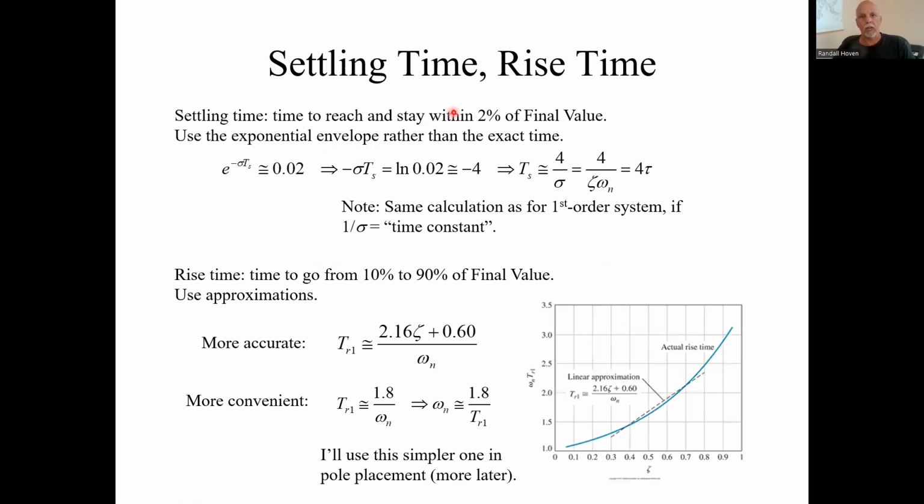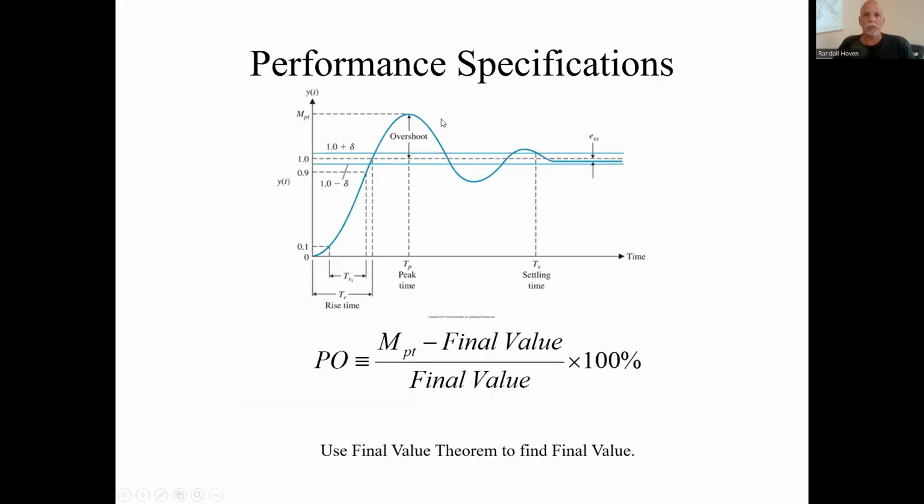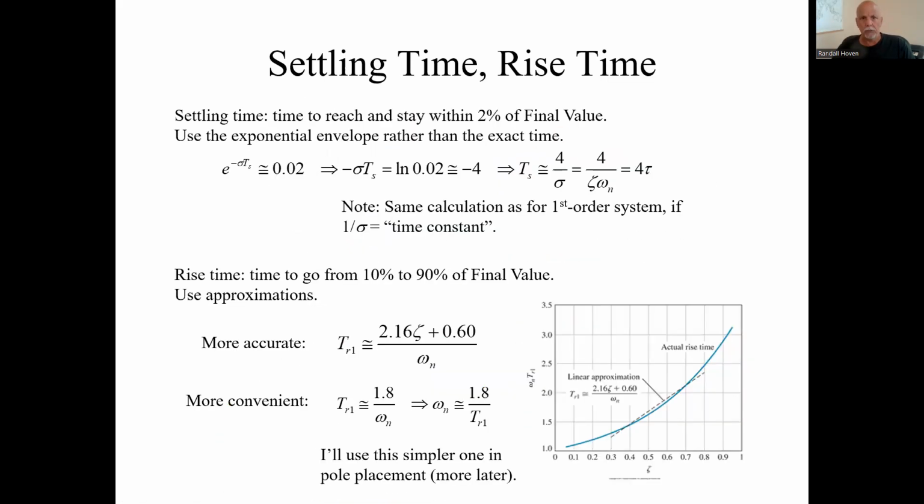Our settling time. Instead of calculating exactly when the response gets within 2% of its final value and stays there, remember this oscillation occurs within an exponentially decaying envelope. We'll just use that envelope to calculate the settling.